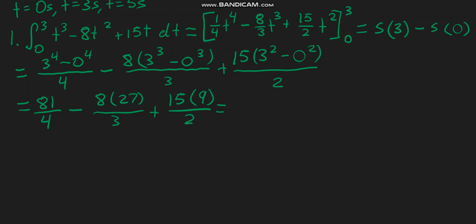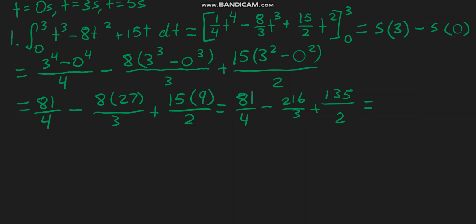We're going to keep simplifying this. 8 times 27, what is that? 216, over 3, plus 15 times 9, so 90 plus 45, we get 135. Yes, slow day.